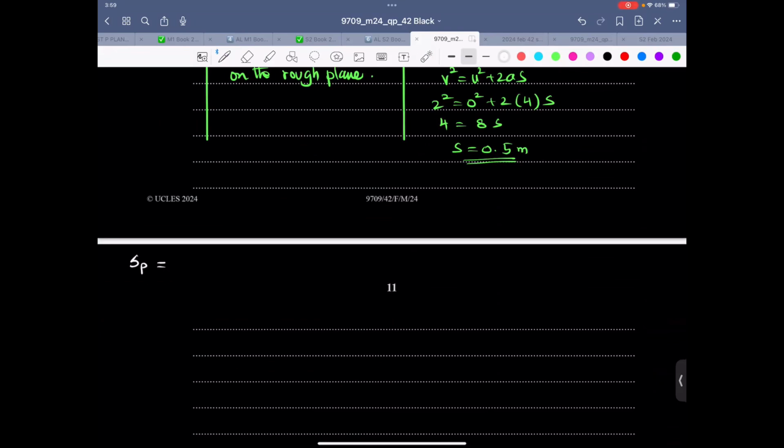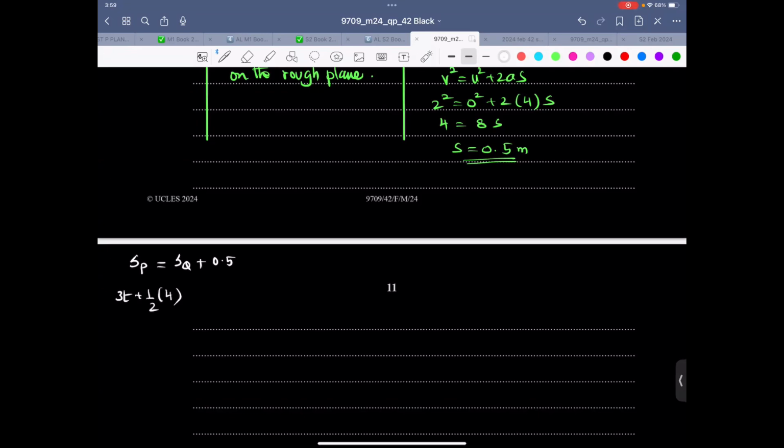It's before the other particle. So not only will it have to cover what Q is traveling, but also that difference of 0.5 meter.